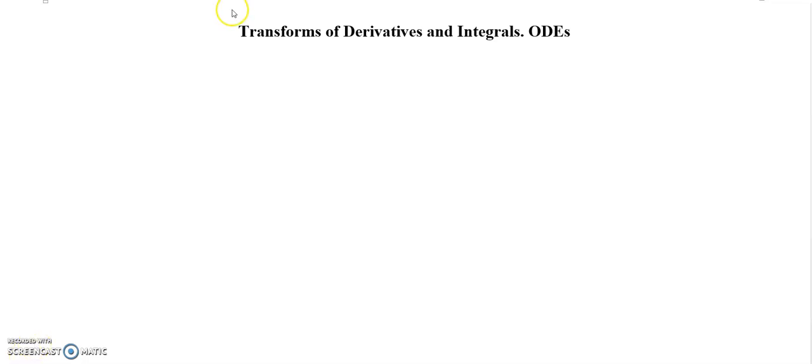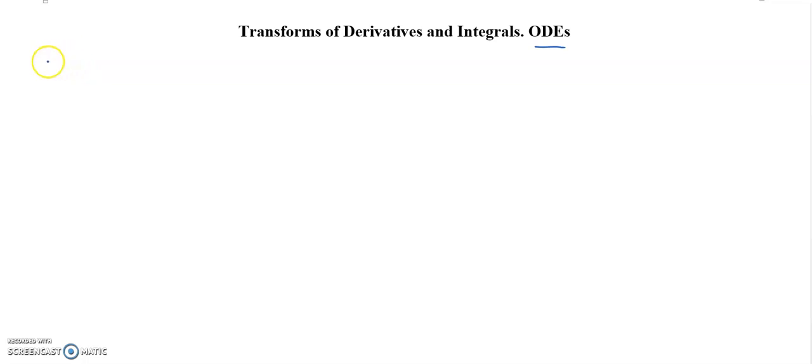So today we will derive the transforms of derivatives and integrals. This type of information is necessary to find the solutions of the ordinary differential equations.